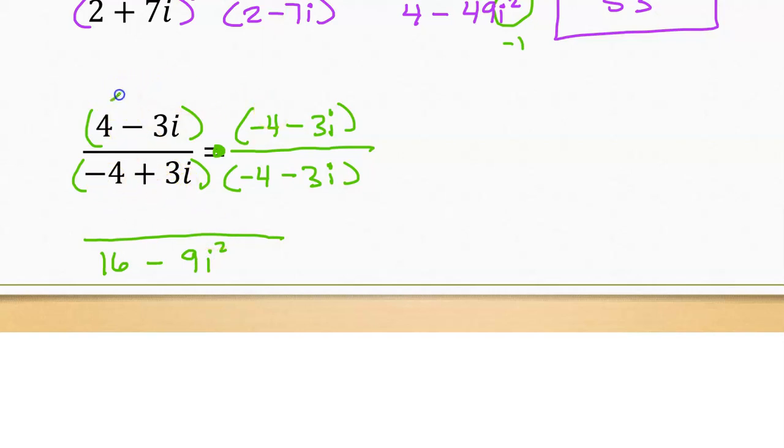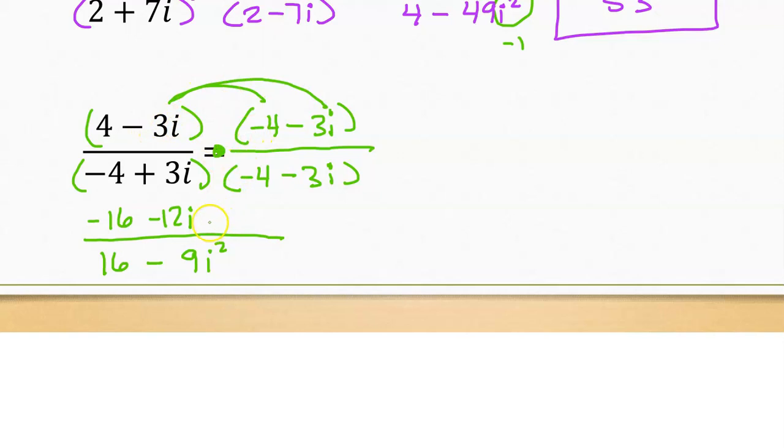In the numerator, I need to distribute. So distributing the 4 gives me negative 16, and then negative 12i. And then next I distribute the negative 3i.